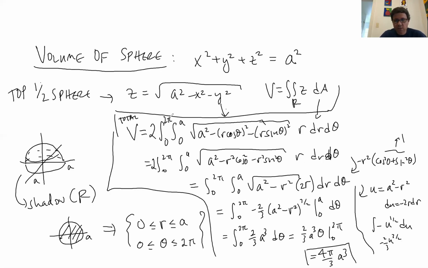One of the 2s came from the fact that we were doubling the top, and the other 2 came from the fact that the angle was going all the way around. So there's your 4 pi. Your 1/3 a cubed comes from the fact that we're integrating r squared, and that's where it all comes from.